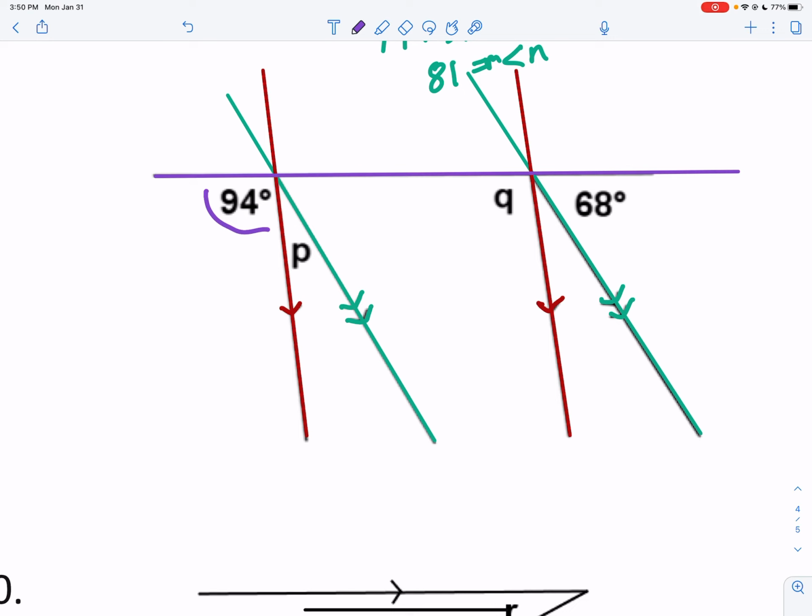We need to figure out Q. To figure out Q, we realize that on the red parallel lines and the transversal that goes between them, those are corresponding angles. Just ignoring everything else and looking at the red parallel lines and that purple transversal going through them, it's like the other set of parallel lines doesn't exist. So Q is 94.